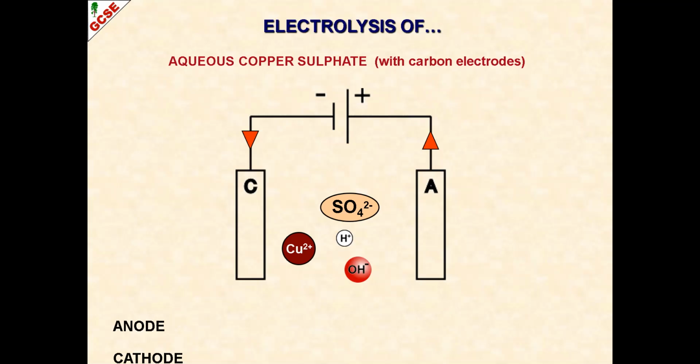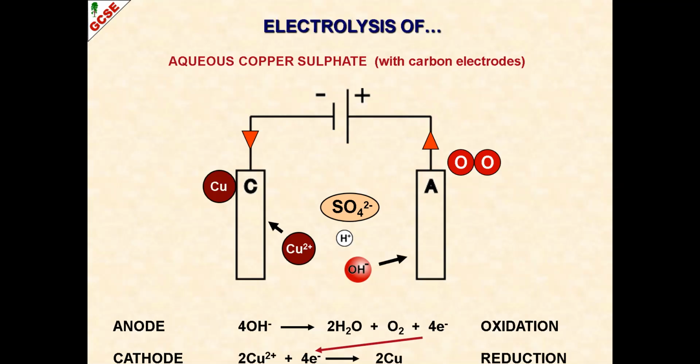Yes, you're right, and that's correct. These are inert electrodes because they're made of carbon, so the electrodes don't take part in the electrolysis. Over here again you have oxidation and reduction. At the cathode, copper is formed, and at the anode, water and oxygen are formed.